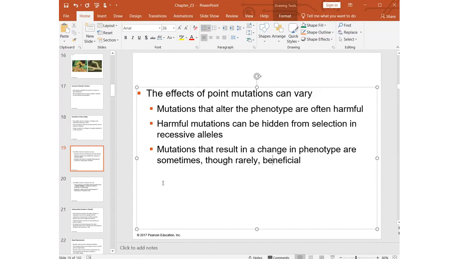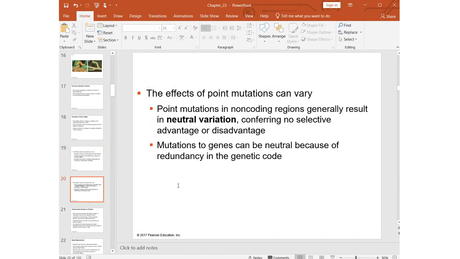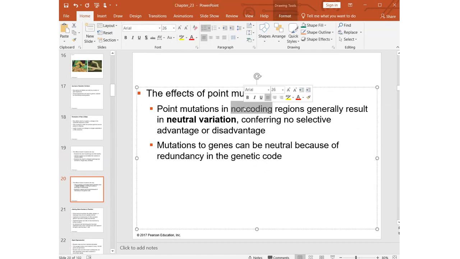But I'll let you in on a little secret. If something is just slightly harmful, natural selection has a hard time totally eliminating it from the population. Anyway, the effects of point mutations, remember, changing just one nucleotide, can vary. Point mutations in a non-coding region, one that doesn't code for a protein or a useful RNA, pretty much result in neutral variation.